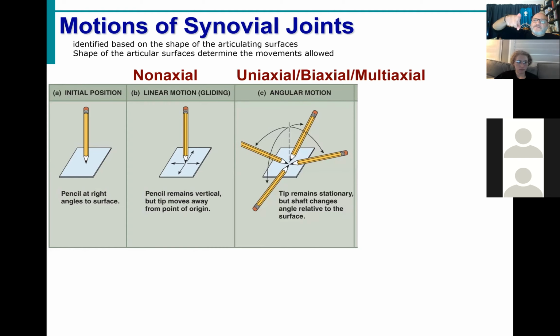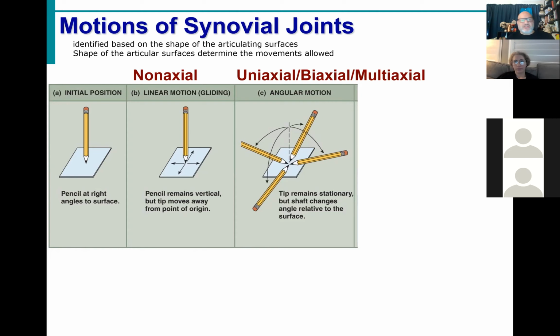Now, and I'll use my finger because it's a good example. If you have at least biaxial motion, then what you're able to do is combine those together. Notice if I put my finger up and then right and then down and then left, and I continue to do that, essentially what happens is the tip of my finger draws a circle while the base of my finger stays the same.